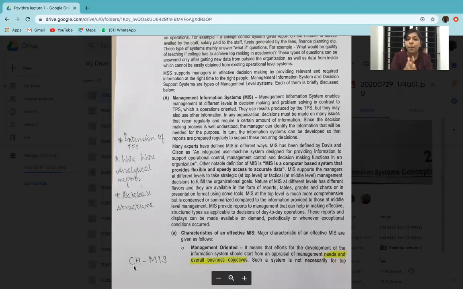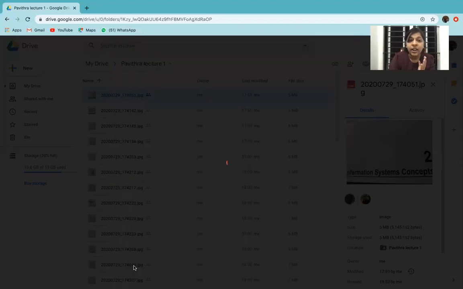C for common database, common data flow. H for it requires heavy planning element. M for management oriented and management directed. I for interrelated or interdependent, and S for subsystem concepts.